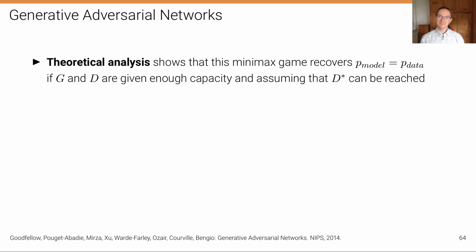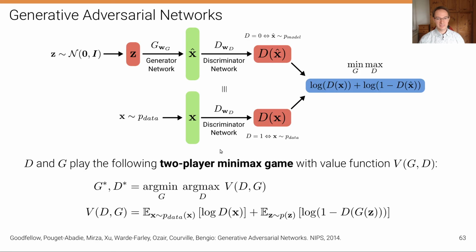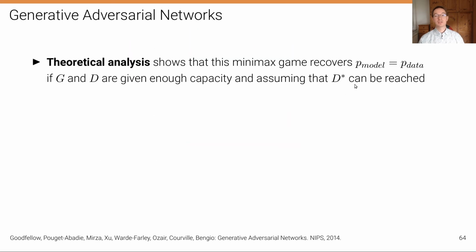We have seen in the deep learning lecture that the theoretical analysis shows that this minimax game, as specified here at the bottom, recovers the data distribution as the model distribution, using some very strong assumptions, in particular assuming that D star can be reached at each iteration, and also assuming that the model has, of course, enough capacity to represent the data distribution.